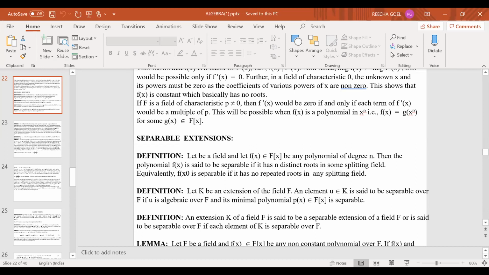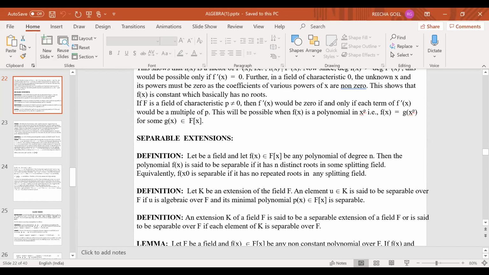In case of splitting field, we say if f(x) is any polynomial over F, a field E is a splitting field of this f(x), provided E contains all the roots of f(x), that is, f(x) can be written as a product of linear factors over E, and the degree of E over F is finite.